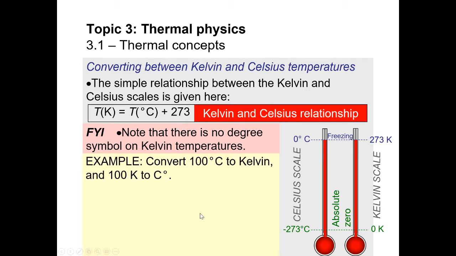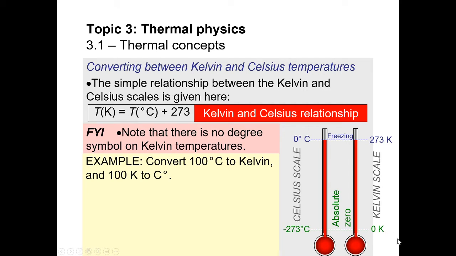Okay, so for example, convert 100 degrees Celsius to Kelvin and 100 Kelvin to degrees Celsius. So we'll do this one right on the slide. It's pretty simple. If you have 100 Celsius, that would go in this slot right here. And I should point out, this is not on your formula booklet. You should just understand that this is the conversion. The best way to remember this is just remember that absolute zero, 0 Kelvin, is minus 273 degrees Celsius.